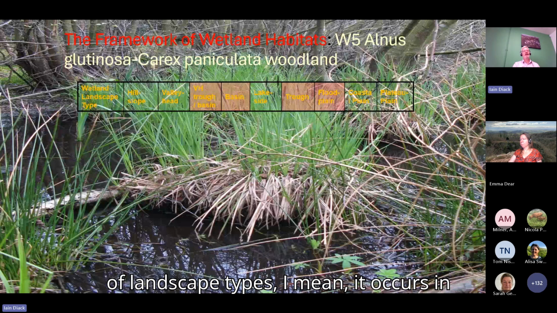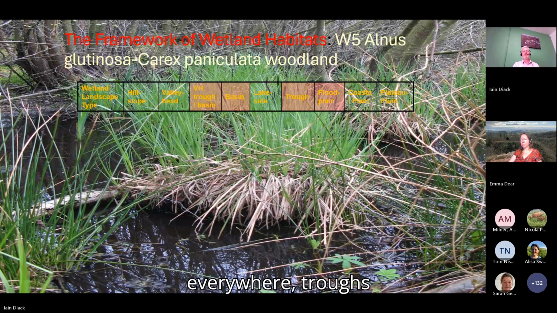In terms of landscape types, it occurs in very wet places generally, so it's going to be in valley head troughs and basins, troughs outside of valleys and in floodplains, particularly in depressions within floodplains.